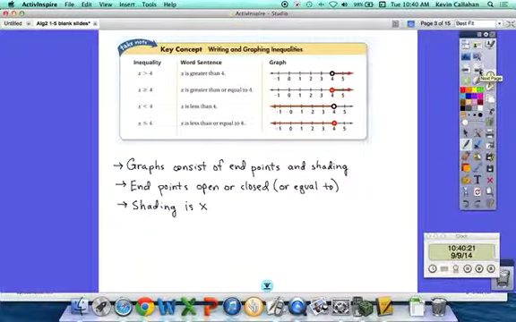Okay, so inequalities. By inequalities, we mean greater than or equal to, less than or equal to. It's the bar underneath that says "or equal to."